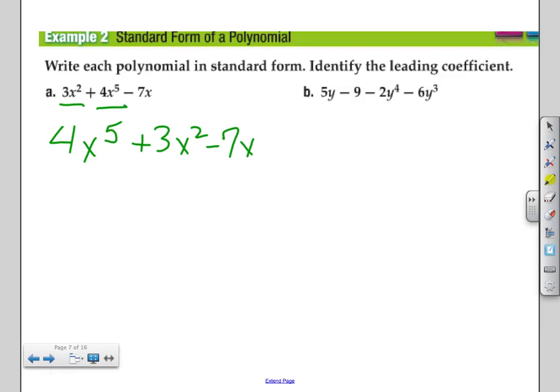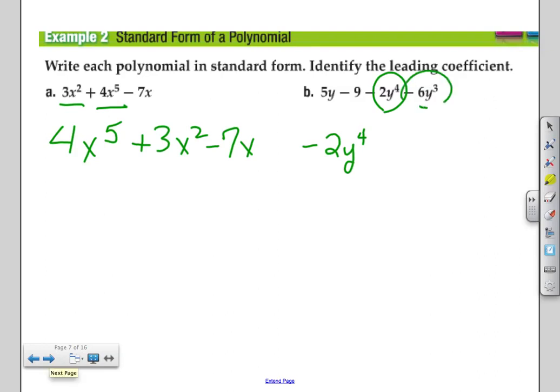All right, looking at the next problem. Same thing. What is our largest exponent? Negative 2y to the 4th is our largest exponent. Make sure that negative sign goes with it.